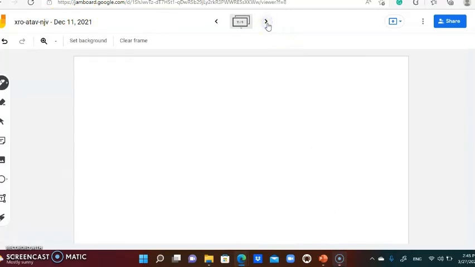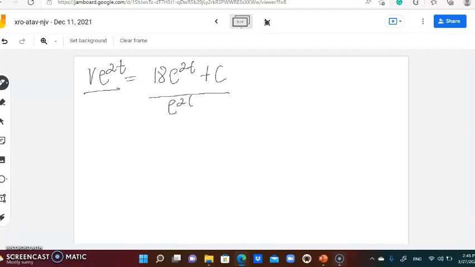So we know that v times e to the 2t is equal to 18 times e to the 2t plus c, and we want to find v with respect to t, so we're dividing through by e to the 2t.